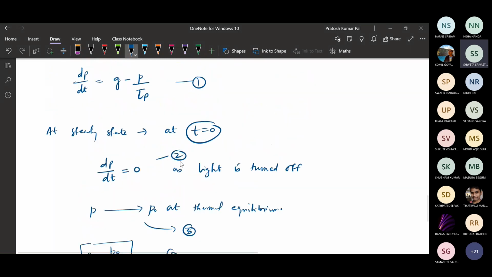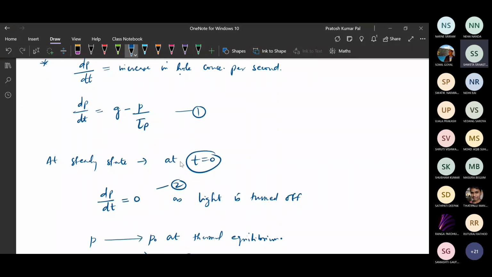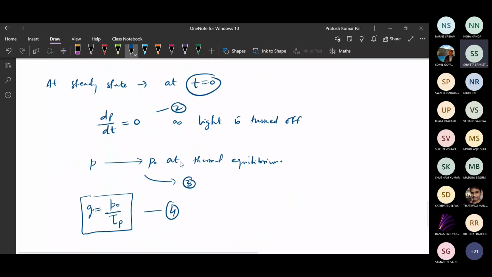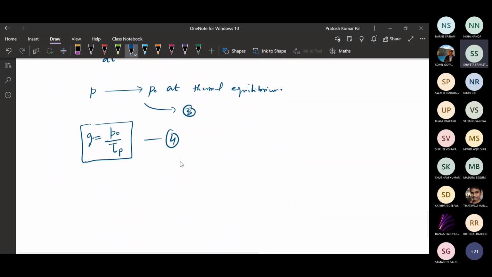So now once we put all these conditions into the dp equation, we can get dp by dt, the rate of change of holes per unit time, equals p naught minus p divided by tau p.